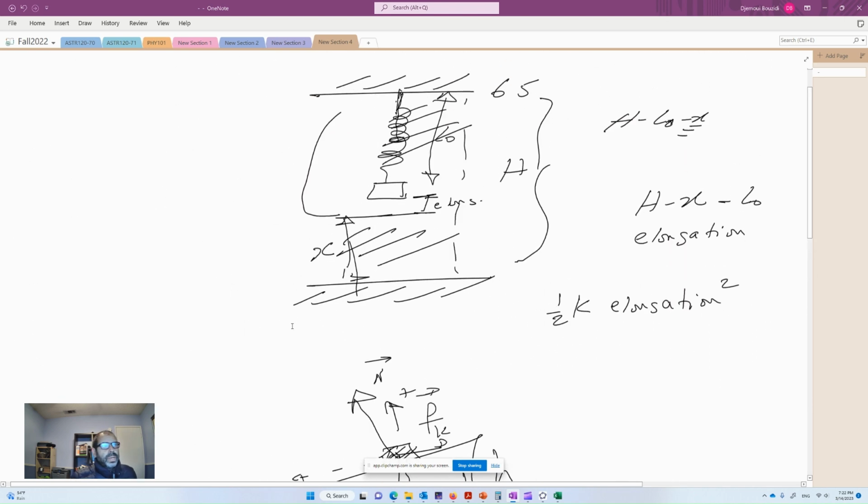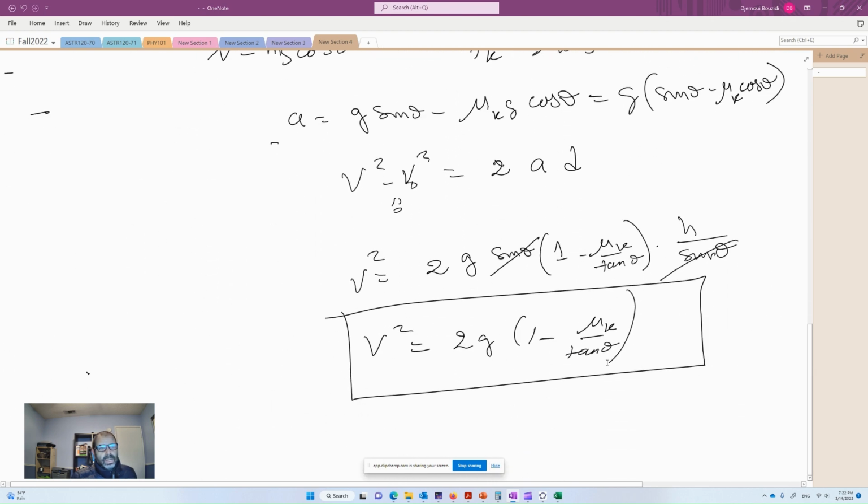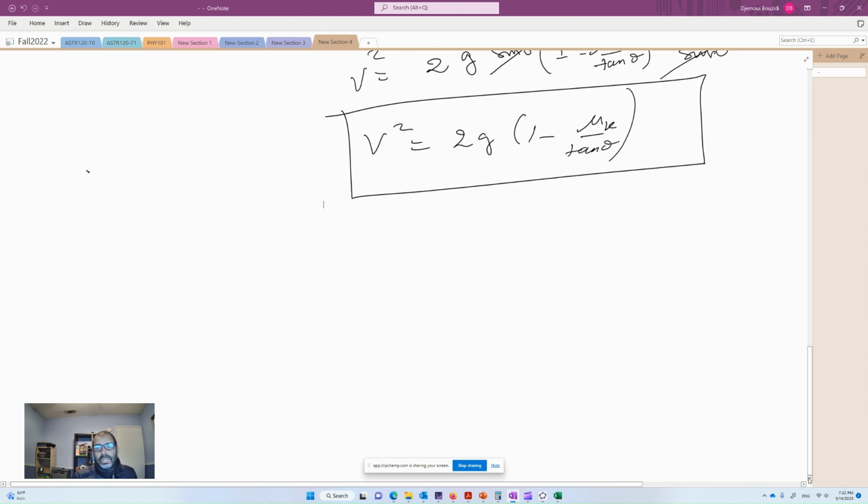Using the energy directly, we can find this expression. And here also, the change in the total energy is equal to the work of the non-conservative forces. So delta E is equal to W of non-conservative forces, NCF.